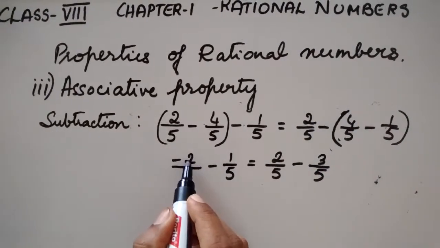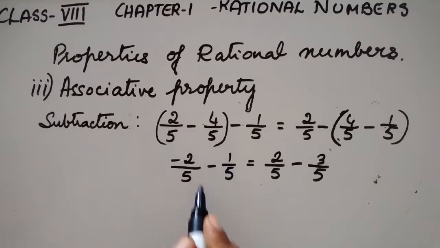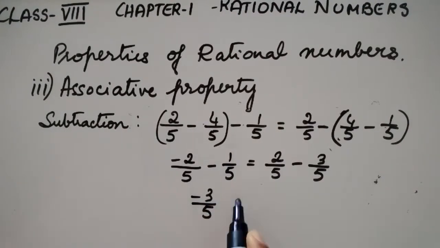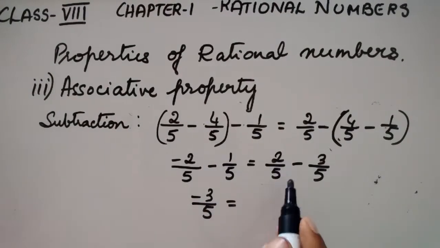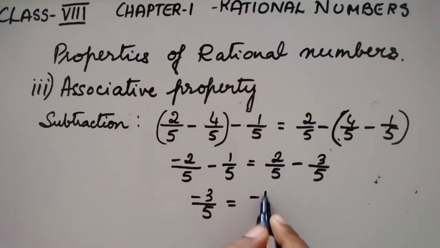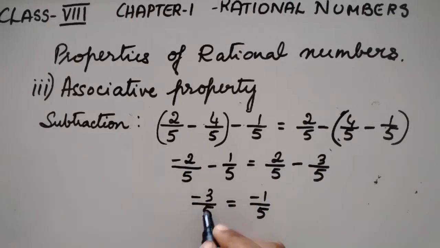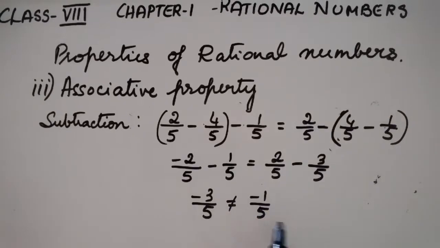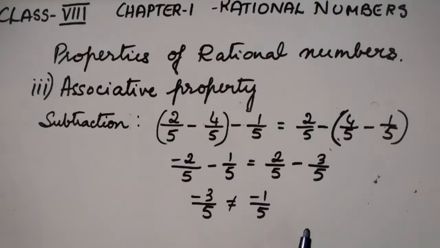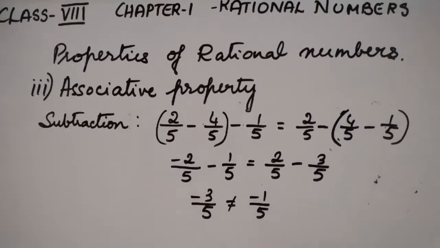So here minus 2 and minus 1 becomes minus 3 by 5 is equal to, here I will get 2 minus 3 is minus 1 divided by 5. So minus 3 by 5 is not equal to minus 1 by 5. So associative property is not applicable for subtraction. Is this clear, students?